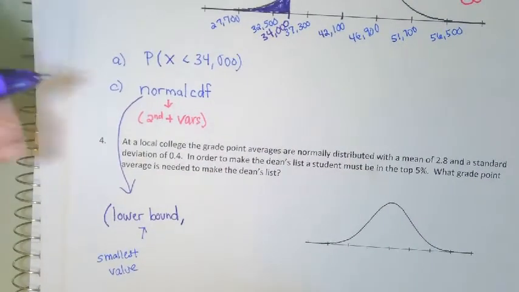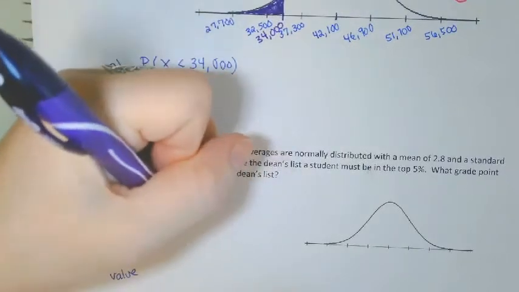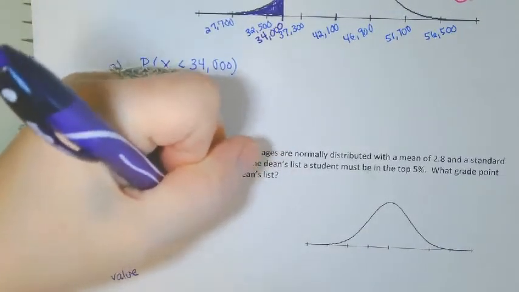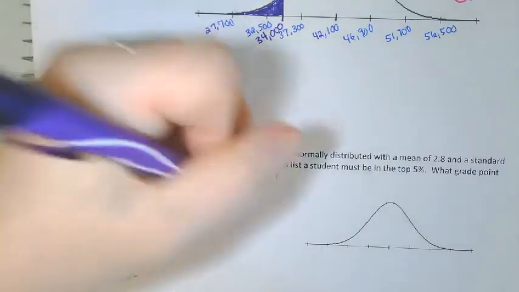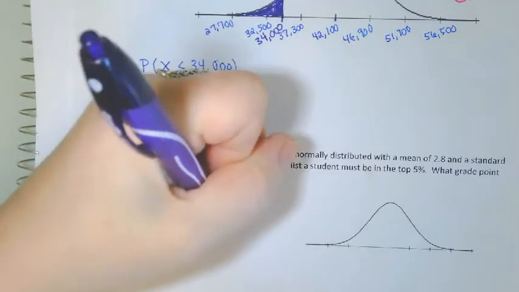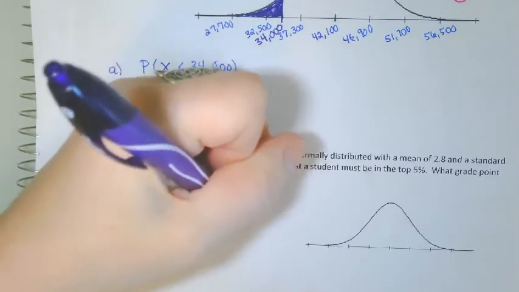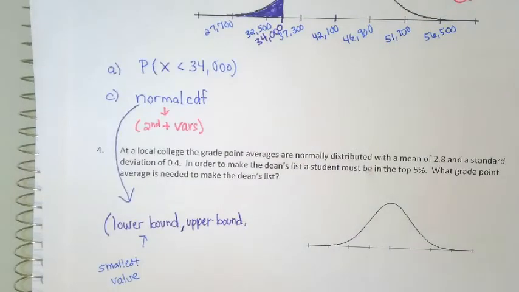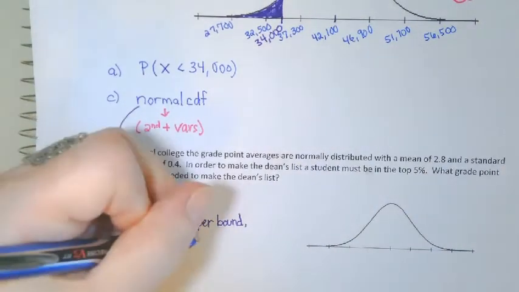Second number you enter is going to represent the upper bound. So this is the largest possible value your variable can take on.